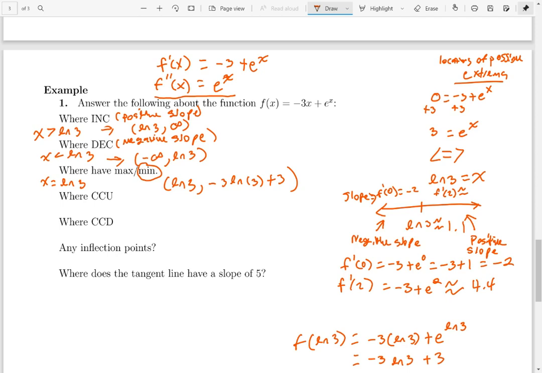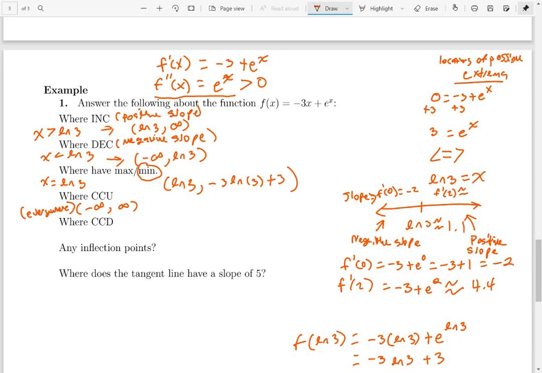No matter what you plug in for x, I don't care if it's negative 5 million, it's going to be a positive number. And so since the second derivative is bigger than 0, or positive, I know that this function is concave up everywhere on the domain, that is from negative infinity to positive infinity.